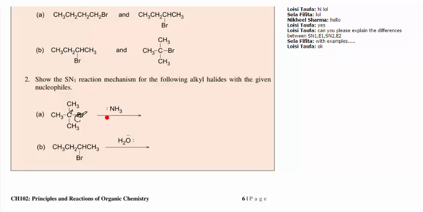So that's step 1, the leaving group goes. Step 2, the lone pair on the nitrogen is going to attach to the carbon.